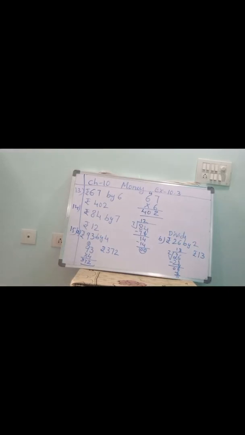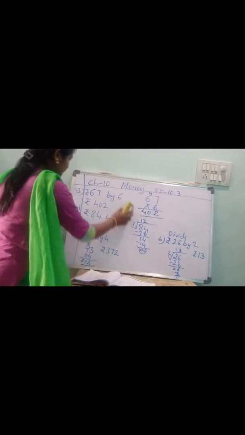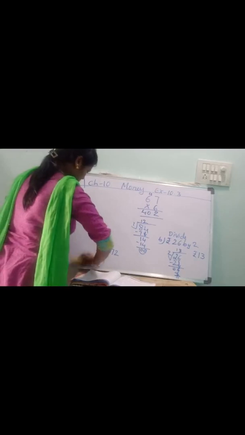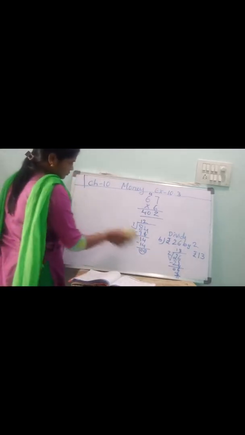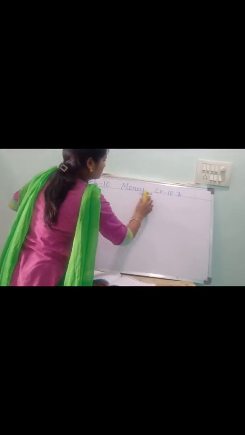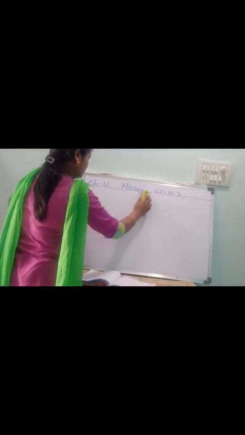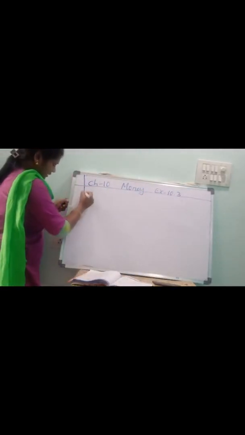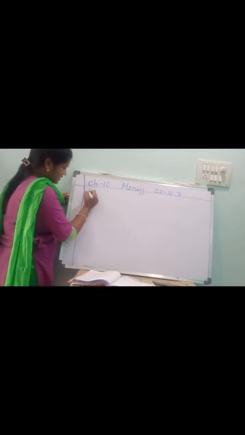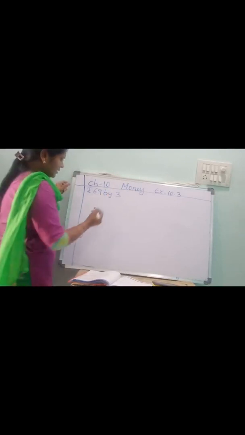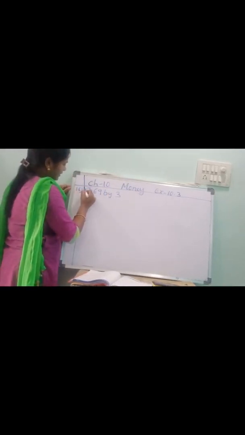Next, 16th one. What is that question? Divide rupees 69 by 3. As 16th one, A1.